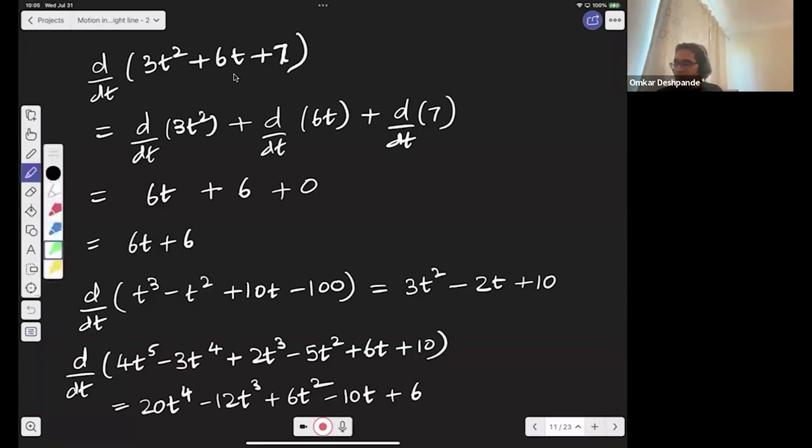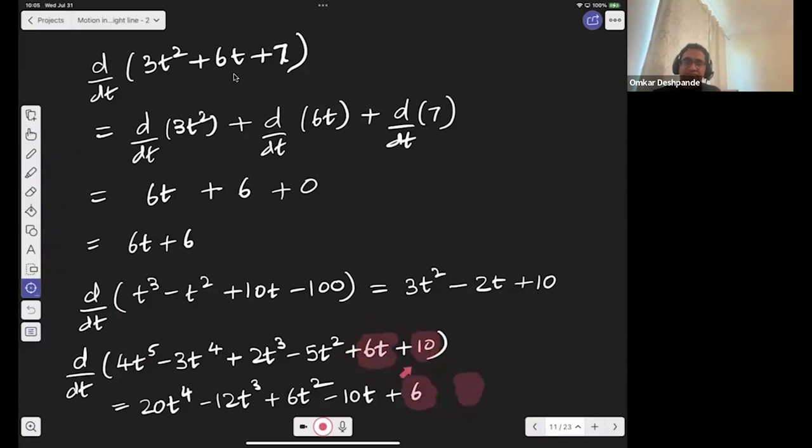So if you focus on, let's say, this part, 6t, that left a constant 6. In fact, even a constant function like 10 would leave a constant 0 that we don't see here. So in general, if I tell you that the result is a constant, it could have come from a linear function.